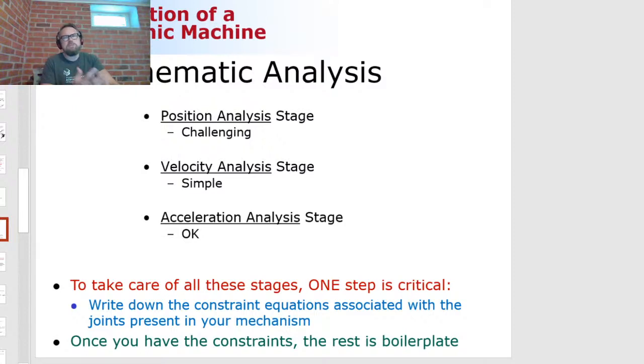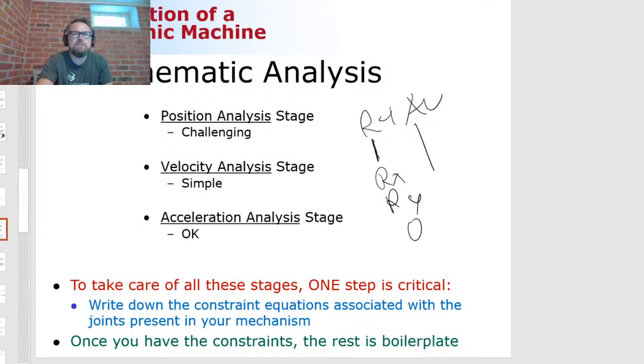The second one, in turn, is very simple. It's a matter of substitution, and that's when we're solving for velocities of generalized coordinates. And remember, it's all about generalized coordinates because we would like to solve for them. Again, generalized coordinates are translation along the global x and y axes and rotation theta.